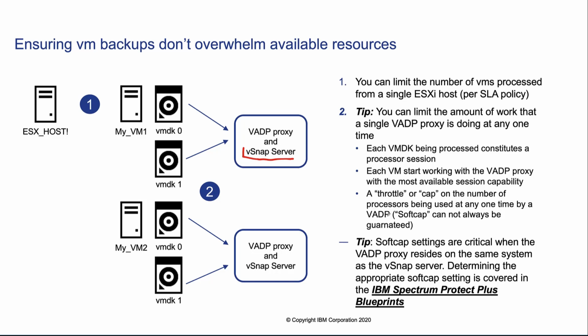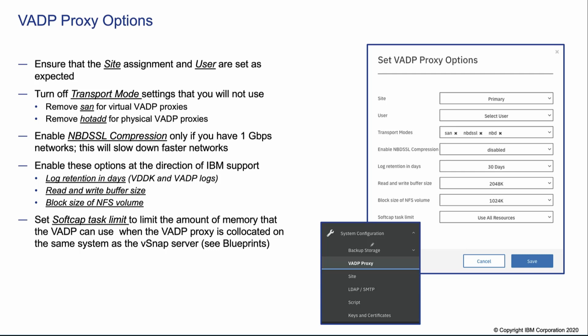We introduced this concept of a soft cap, which throttles the CPU usage by controlling the number of processes that we spin up to do backups. And again, this soft cap setting is critical when the VADP proxy is co-located on the vSnap server. There's a lot of information about this in the Spectrum Protect Plus blueprints.